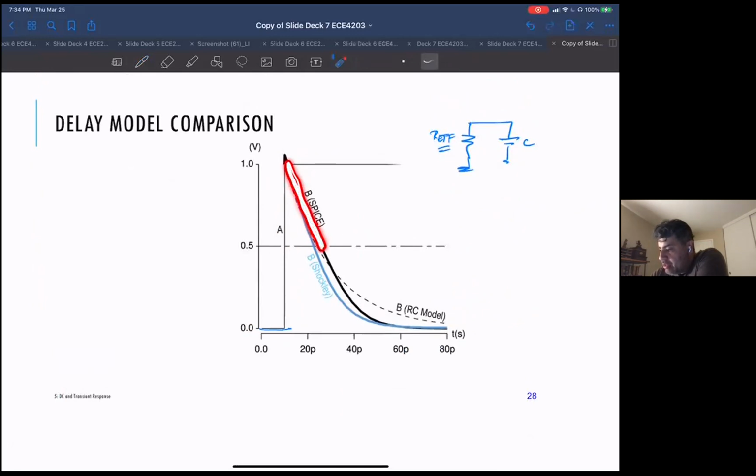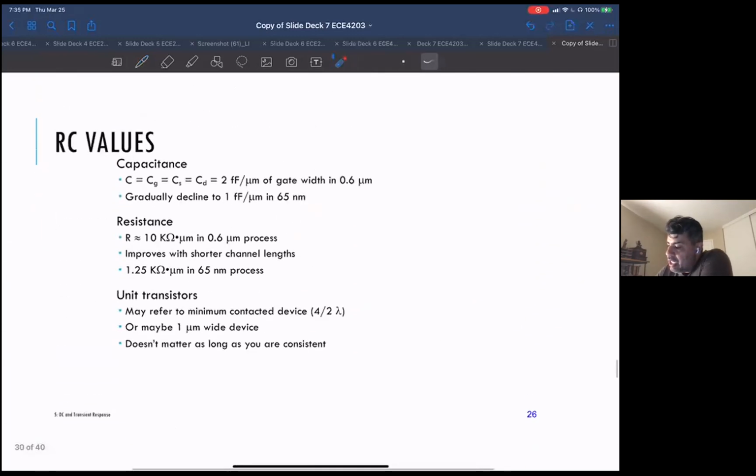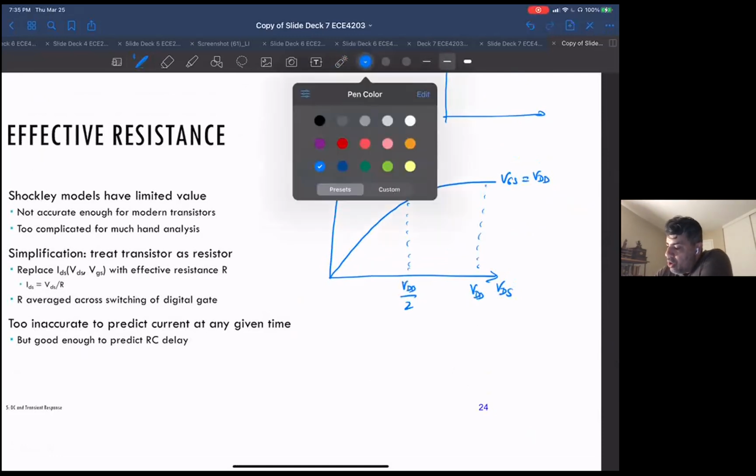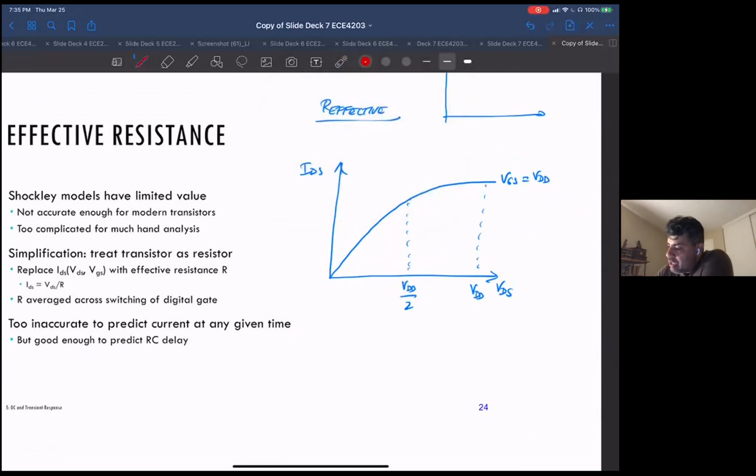And because Vout in the case of the NMOS is the same as VDS, when I want to calculate my prop delay, my VDS here is VDD, and here is VDD over 2. The main part of this curve that I'm interested in is where my output has transitioned from here to here.